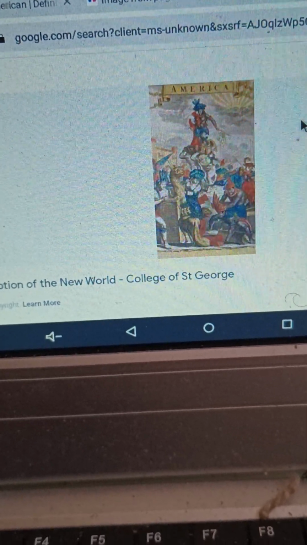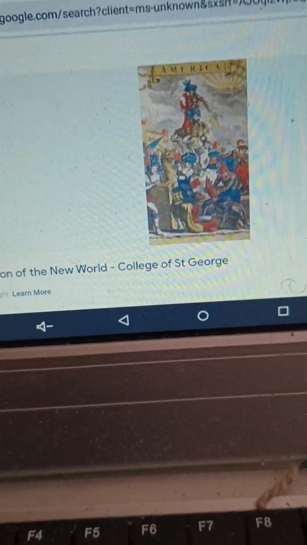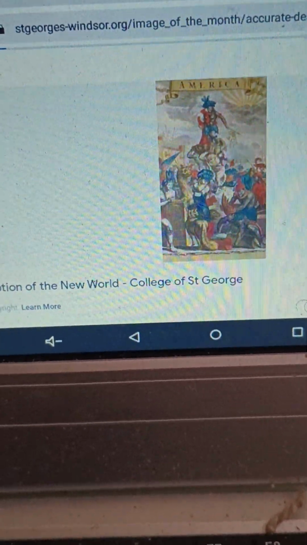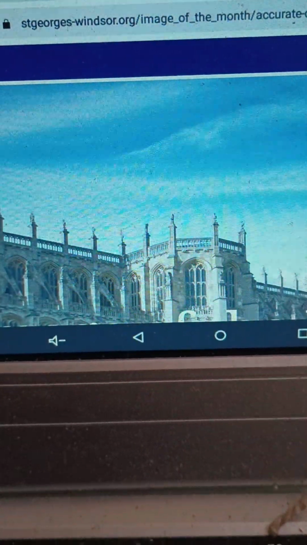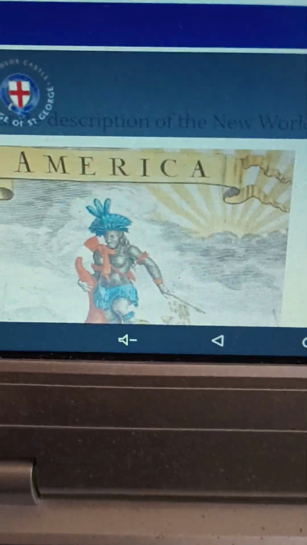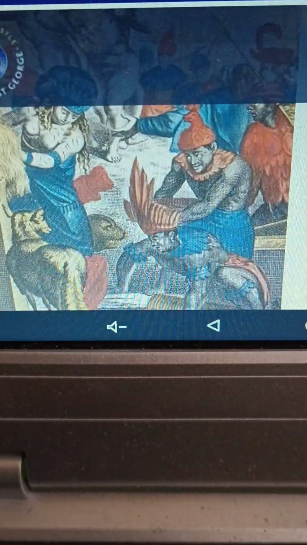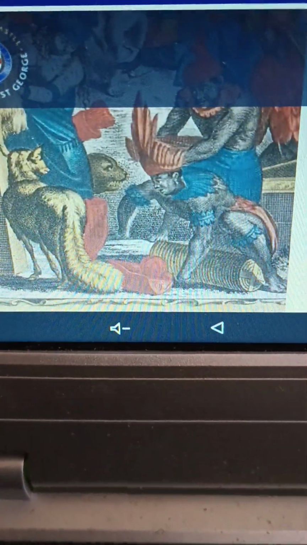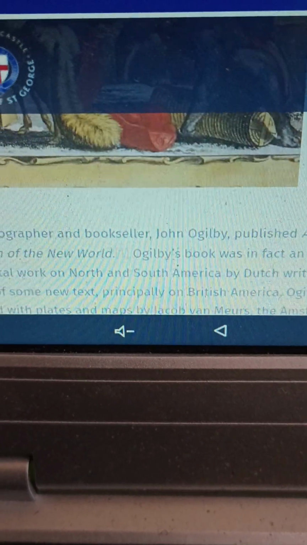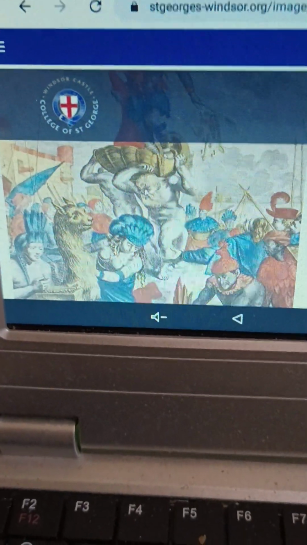is Arnoldus Montanus, simply because it shows some darker skinned people, where it says America, and this is what is called an allegorical or allegory, and basically it's symbolic.